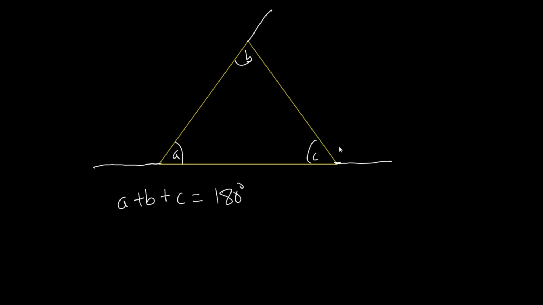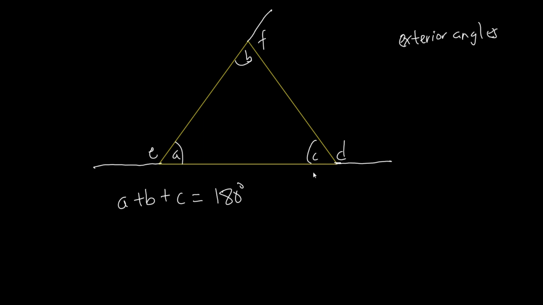Let me call this angle D, this angle E and this one angle F. Now angles A, B and C are interior angles because they are within the triangle. But angles D, E and F are exterior angles because they are outside the triangle.